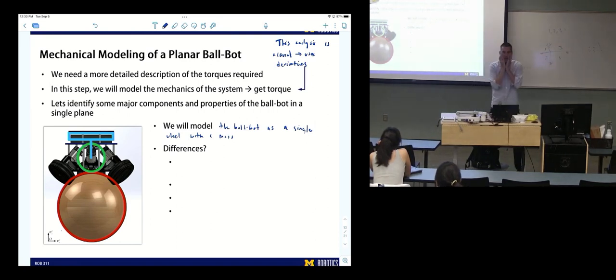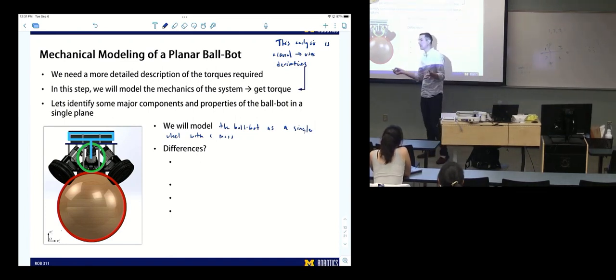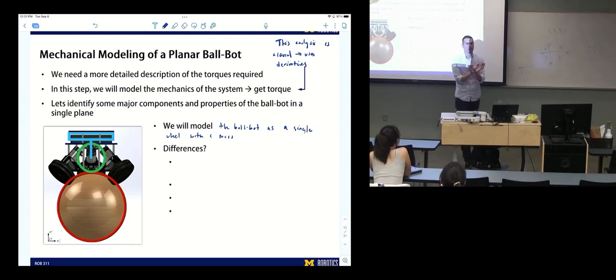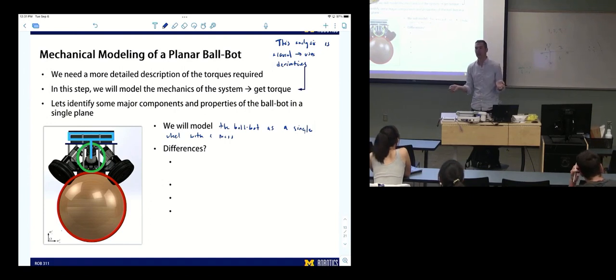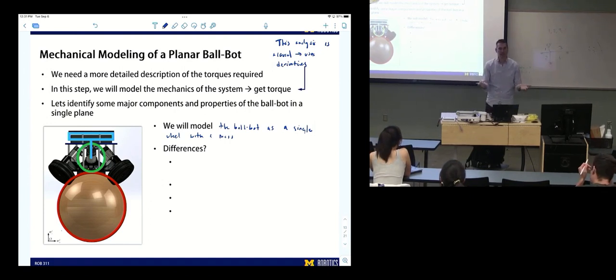The thing I'm trying to get at, which is a little bit challenging, is this system has 3 motors and it has basically 2 planes of operation. We're looking at 1 plane. So we're going to distribute this torque amongst 2 to 3 motors. So this torque will be greater than the torque that we need, so we could consider it as a conservative estimate.